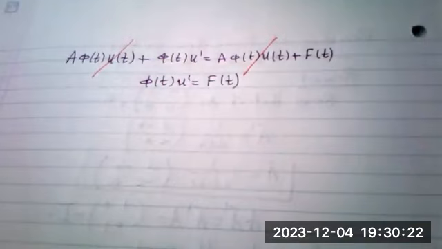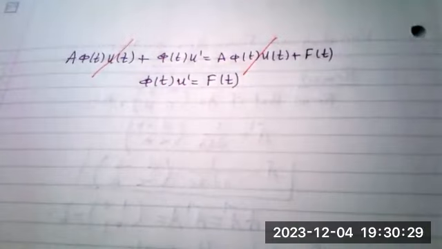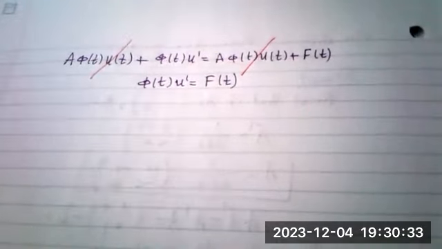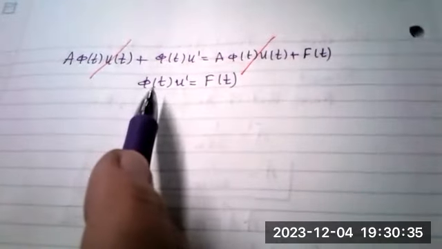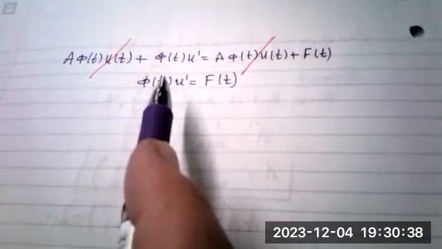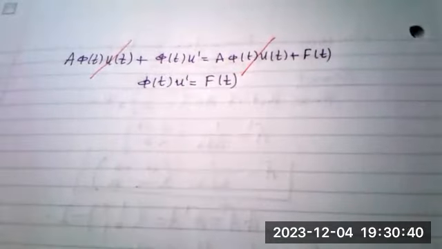But remember, the unknown is u prime. Exactly like when we did variation of parameters before, first we find the u prime, then we integrate it to get the u. If it was an ordinary function, you would divide by phi of t. But remember, phi of t is a matrix.